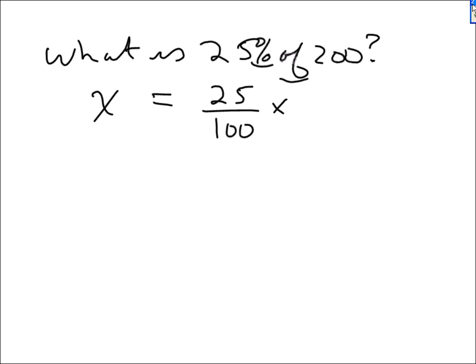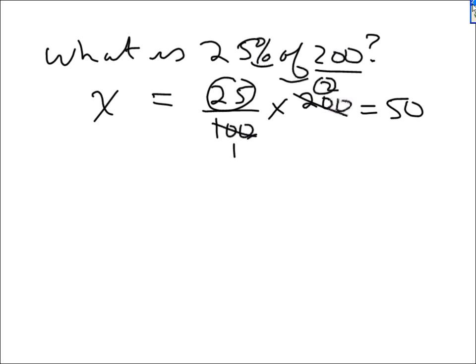And of means times, and 200 is 200. And 100 goes into both of these numbers 1 time and 2 times. 25 times 2 is 50. Divide by 100 you ignore. The X is 50. That is, what is 50? 50 is 25% of 200.